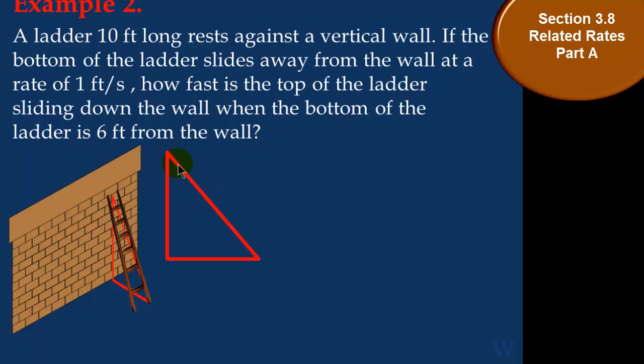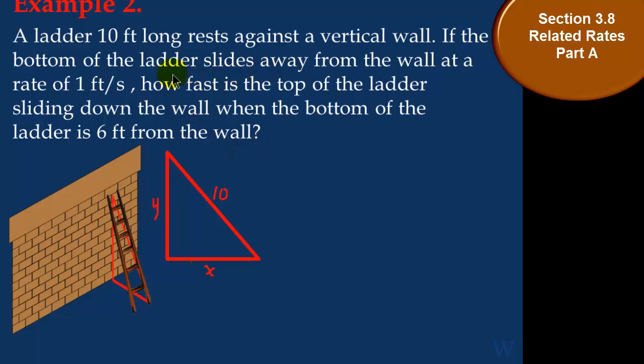This is the ladder, and the ladder is a fixed length, so we can write 10 here. The distance of the bottom of the ladder from the wall, let's call that x, and the distance from the ground to the top of the ladder would be y.